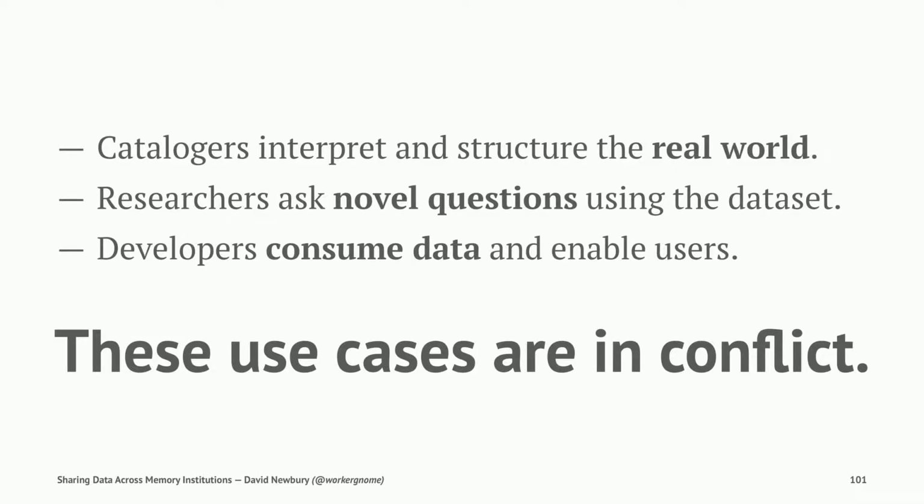But if I think about those three people who are working in your data, the researchers who are using it, the catalogers who are recording it, and people like me who want to consume it, the cataloger wants to be as accurate as possible. They want to structure the real world. The researchers want to ask questions that nobody has ever asked. If you've already written it down, they don't care about it because it's already known.